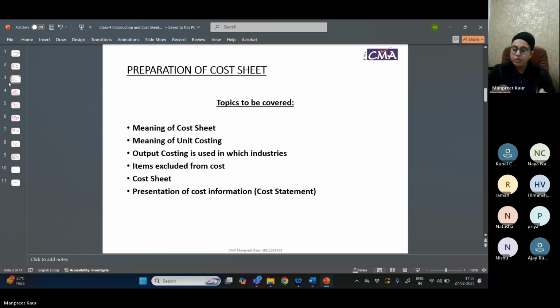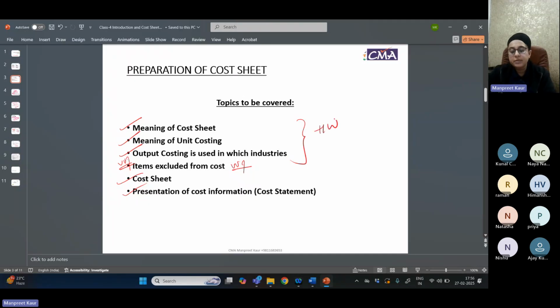In preparation of cost sheet, the topics are: meaning of cost sheet, meaning of unit costing, output costing, items that are excluded from the cost, which is very, very important for 2 marks, and cost sheet and presentation of cost for information or cost statement. These are the topics, meaning and all. It is in your homework.